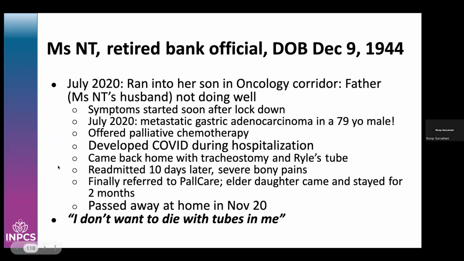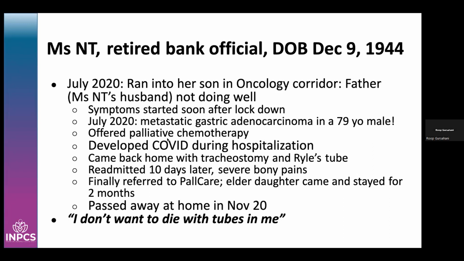Anyway, and then the pandemic began. I ran into her son in the oncology section. Her husband was not doing well. He had developed metastatic gastric adenocarcinoma, and you can understand what a mess it was during those initial stages of the lockdown.